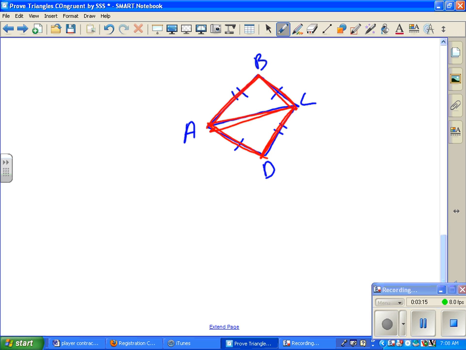And AC is congruent to itself because AC is in both triangles. And there is a situation where you need the reflexive property because it's got to go both directions. So I can say triangle A, B, C is congruent to triangle. Now remember, order matters. So it's going to be C, D, A. Okay? Good.